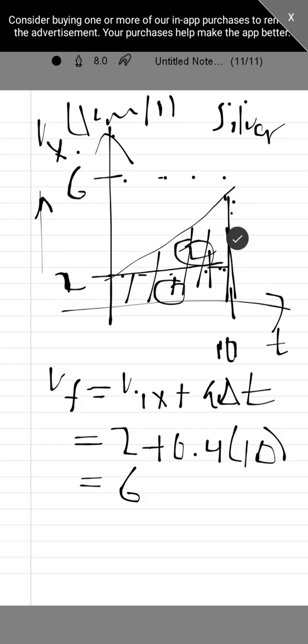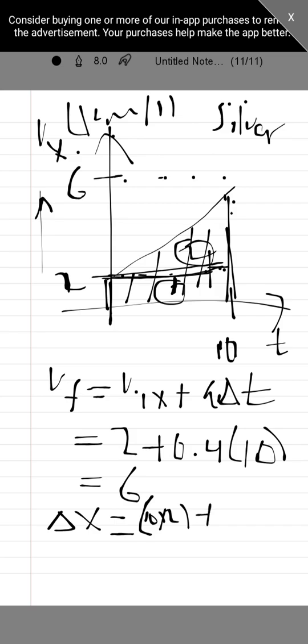We are not asked for it, but we can calculate displacement as the area under the graph. So 10 times 2 is area number 1, and we add it to this area, where the difference here is 4.